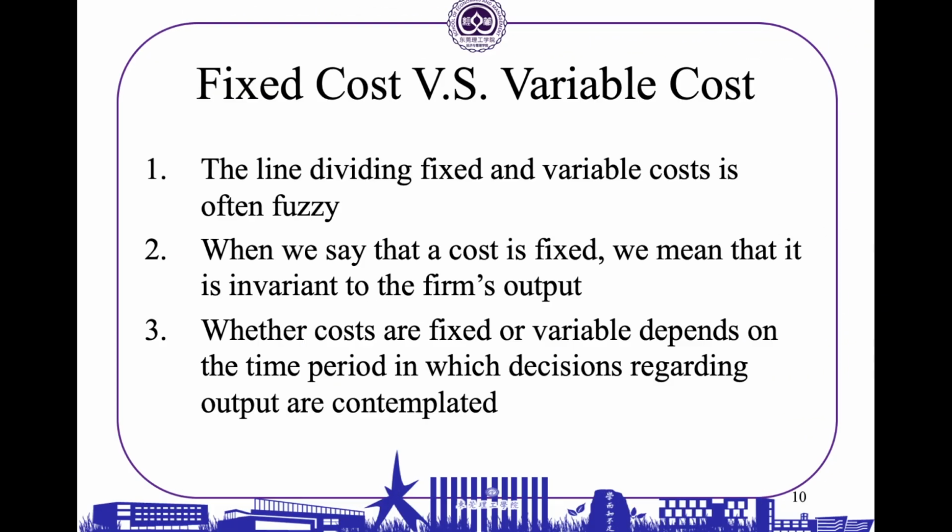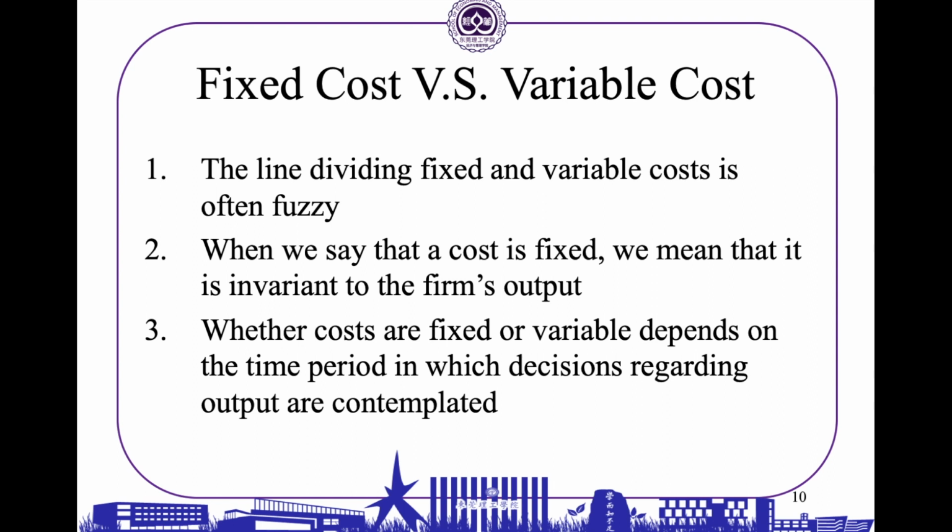Note that 1. The line dividing fixed and variable cost is often fuzzy. Some costs, such as maintenance or advertising and promotion expenses, may have both fixed and variable components.